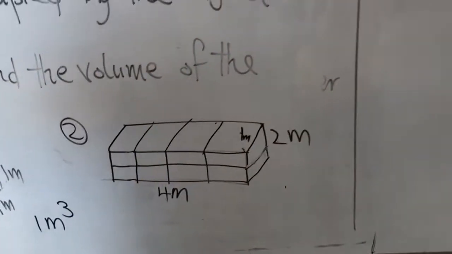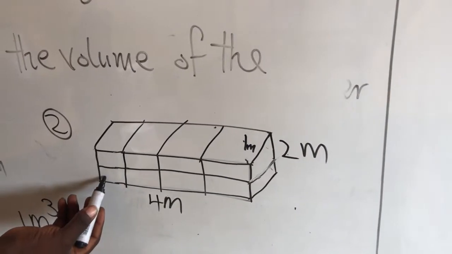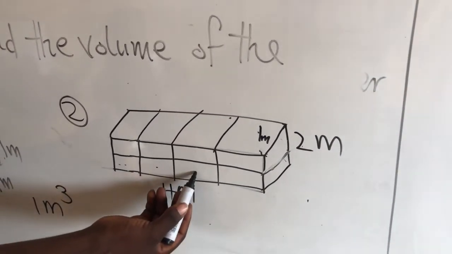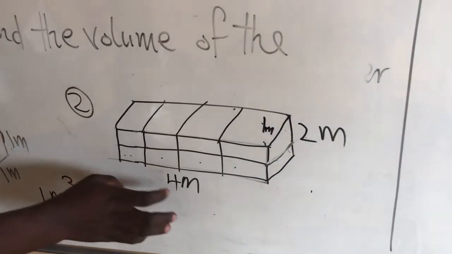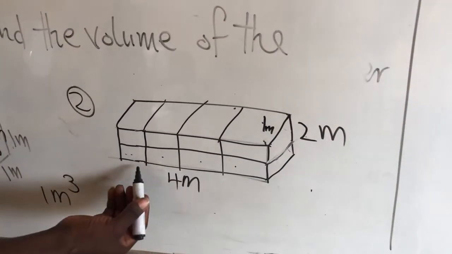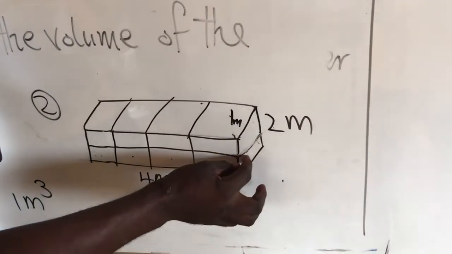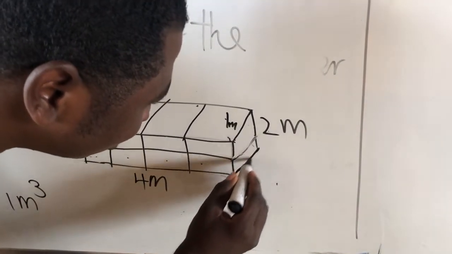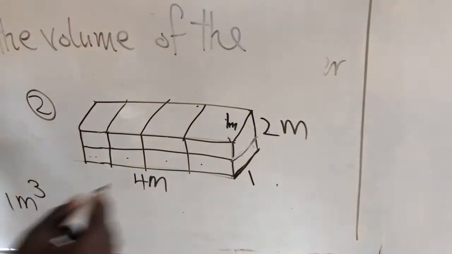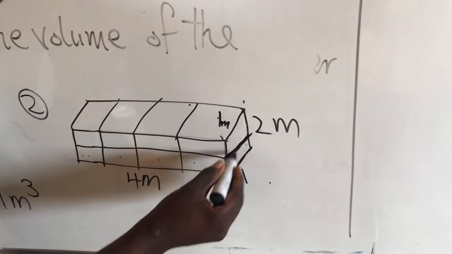Another example. How many cubes do we find here? 1, 2, 3, 4. 4 cubes, measured in meter, so 4 meter cubes. The width here is only 1. And from here to here, we have 2 cubes arranged.